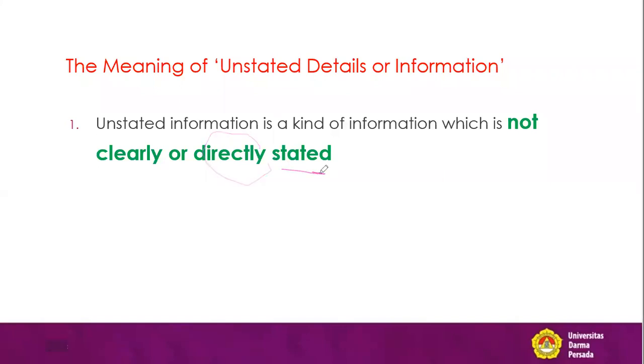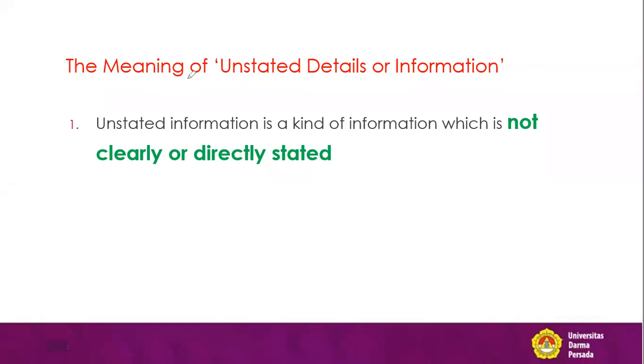So if somebody asks you what is the meaning of unstated information or unstated detail, it is something that is not clearly or not directly stated. There must be the information in the reading passage, but not clearly stated. That is why you need to really carefully read the passage, because the information is not clearly stated.